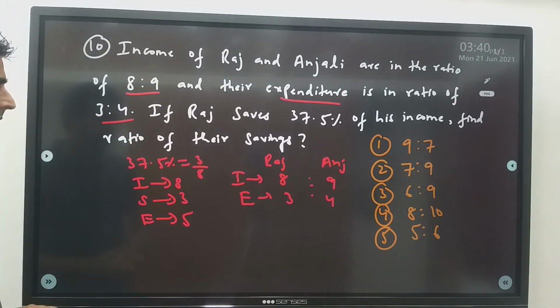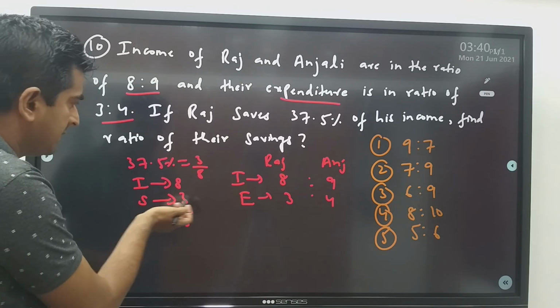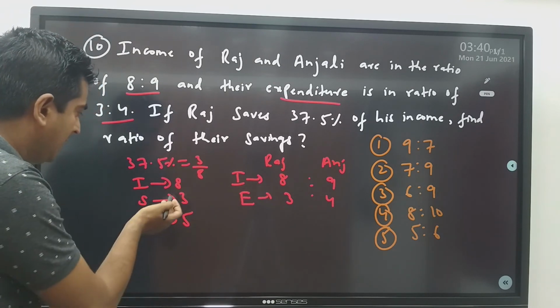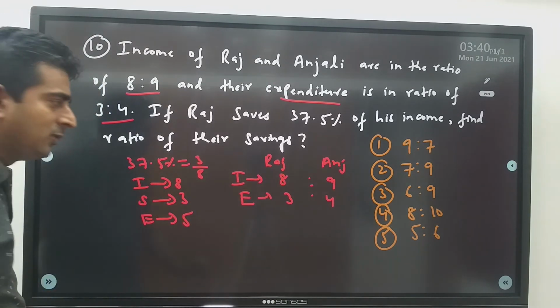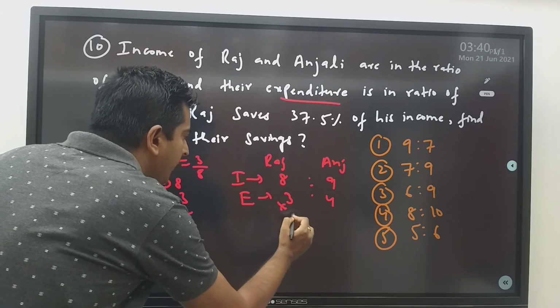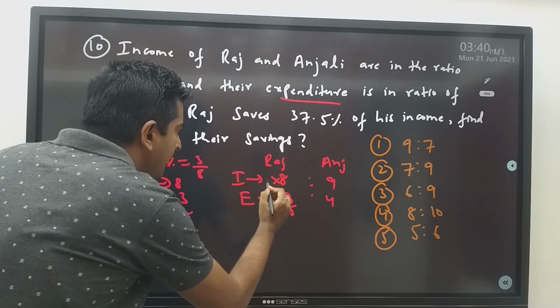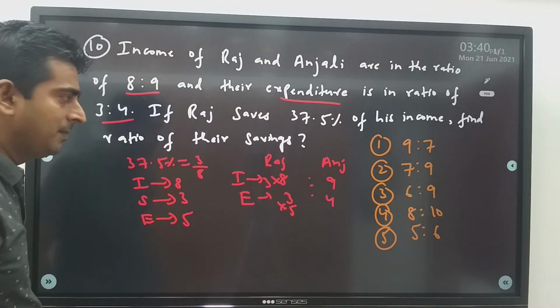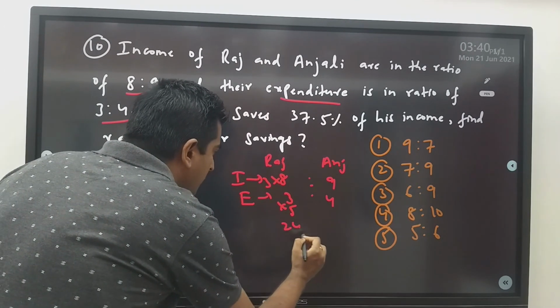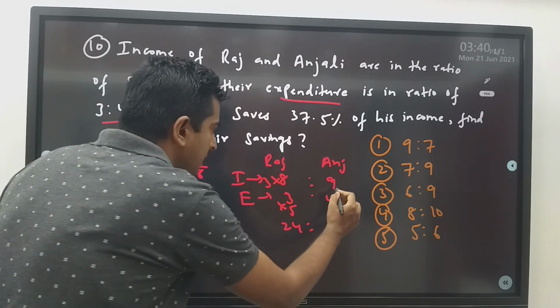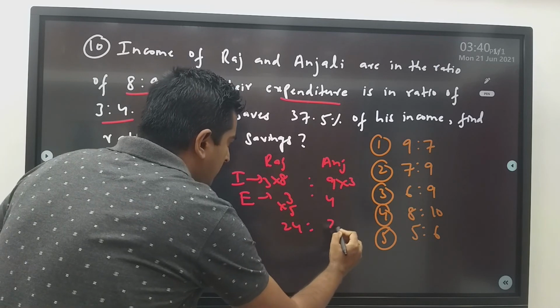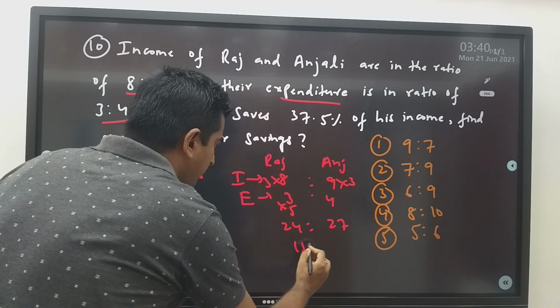If Raj saves 37.5% of his income, what is 37.5% fraction value? 3/8. That means if income is 8, saving will be how much? 3. So expenditure will be how much? 5. Right? Income minus expenditure is saving. So income and expenditure ratio is here 8:3. But here what is the ratio? 8:5. So multiply this one by 5 and this one by 3. So the 3 and 3 will be cancelled. So now I am writing again, this is 24. This also we have to multiply by 3. This is 27. This is 15.